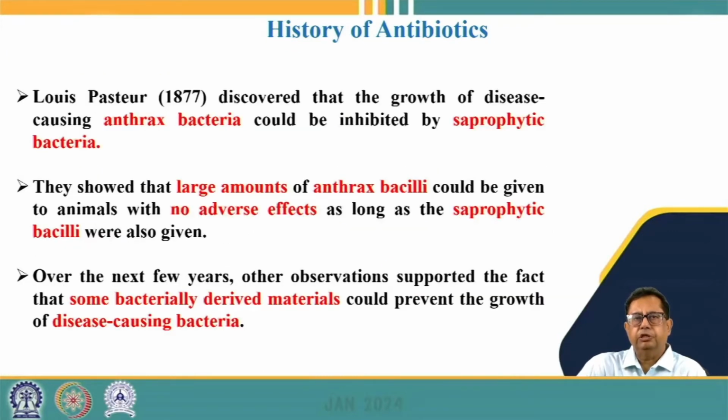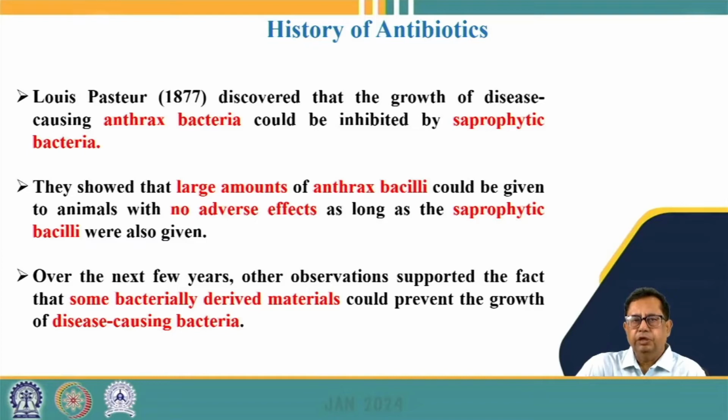Louis Pasteur in 1877 discovered that the growth of the disease causing anthrax bacteria could be inhibited by saprophytic bacteria, and he also showed that large amounts of anthrax bacilli can be given to animals without any adverse effect as long as the saprophytic bacteria were also given to them.